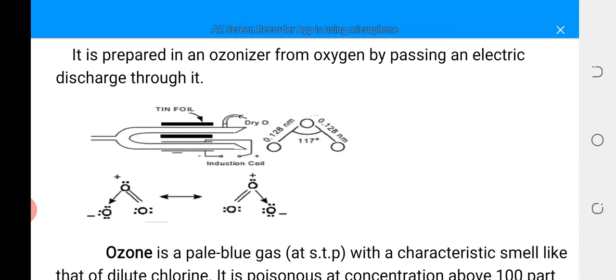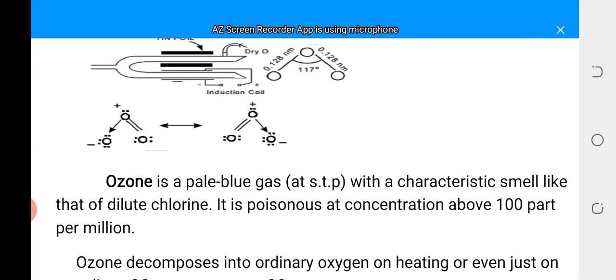Like I have just said, we have the O2 combined with an atomic radical that has been formed from another oxygen molecule. When it joins another oxygen molecule, it will form what we call O3.